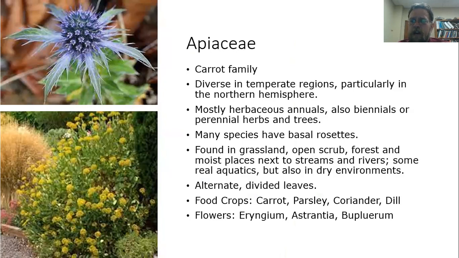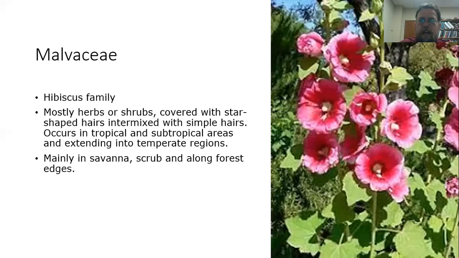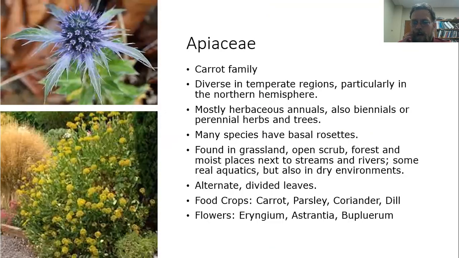So you can think about carrot leaves or dill leaves. Parsley and coriander are also in this group, so you do have some of your herbs there. You can think of those really kind of thread-like leaves. Also do see some flowers in this group, though not ones that I tend to run into very often here.